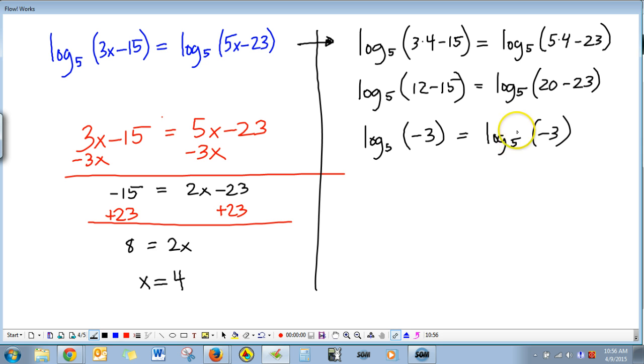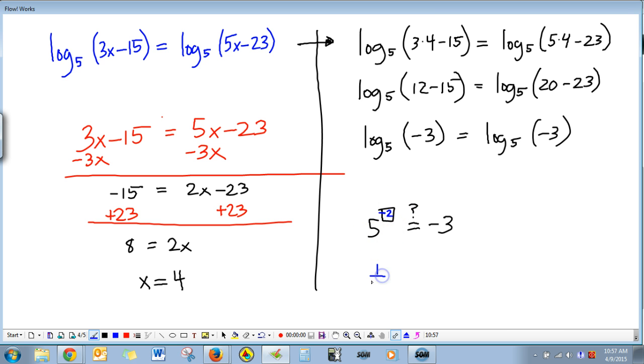So you might think, oh, nice, they're equal. But then you have to remember, what is a logarithm? And what's the domain of the log function? This means that 5 to some power equals negative 3. Well, can you raise 5 to any power and get something negative? Maybe you might think, oh, a negative power. Well, if we put a negative 2 in there, what does that really mean?